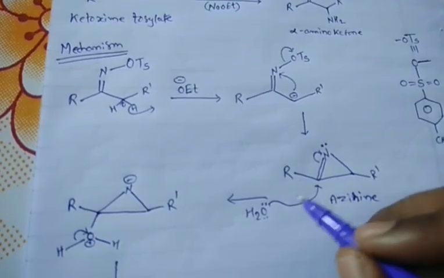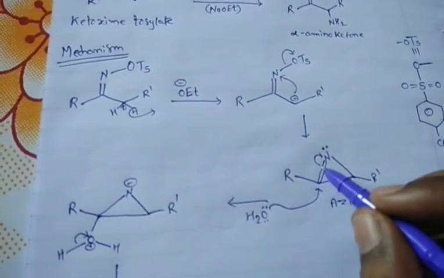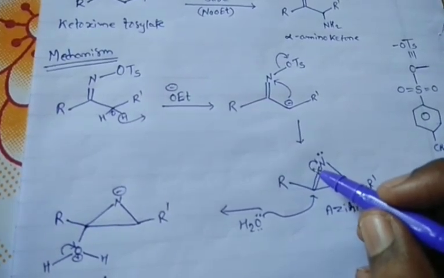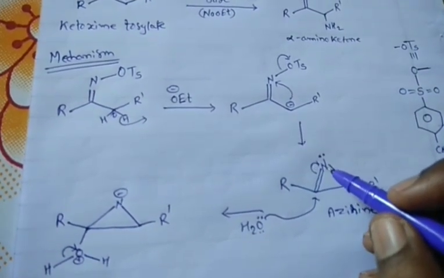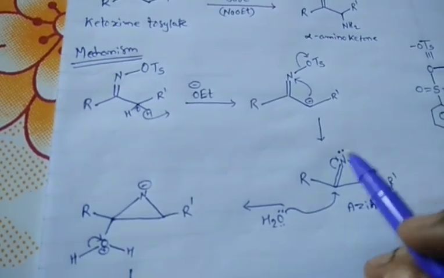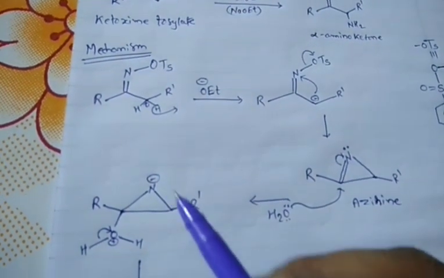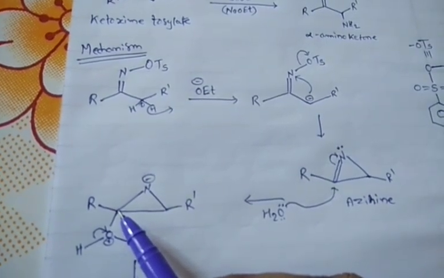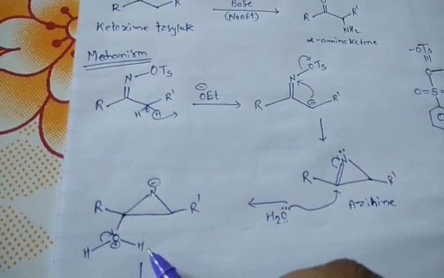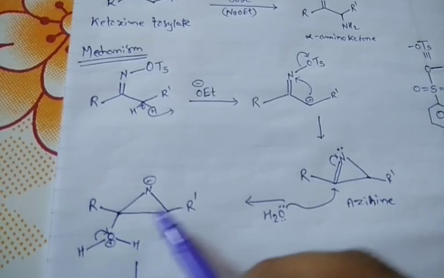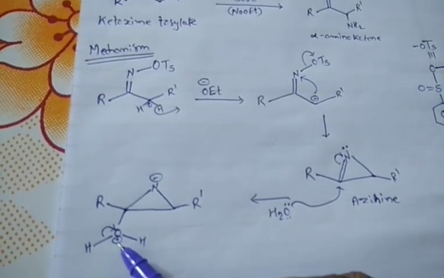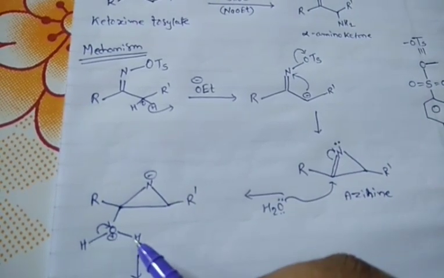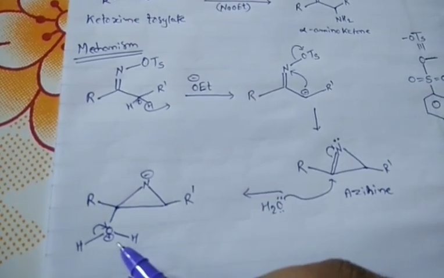Now when this attack takes place, one of the pi bonds will break, and the pi electrons will shift to the nitrogen atom. So nitrogen will have the negative charge, and this carbon will have the O of the water molecule which attacked. Now this oxygen is positively charged, and that will be stabilized by the removal of one of the hydrogens.